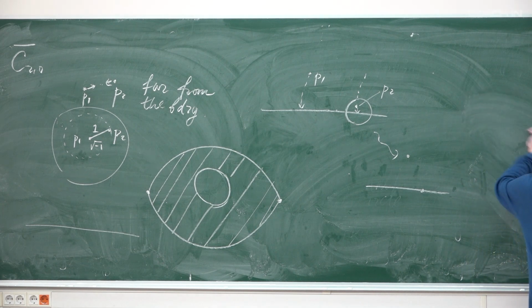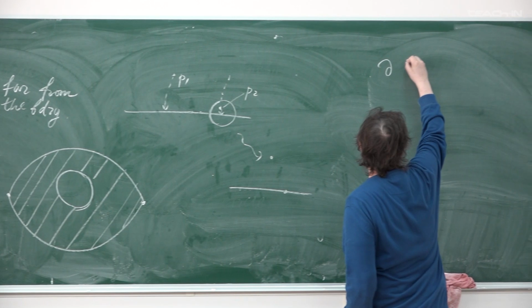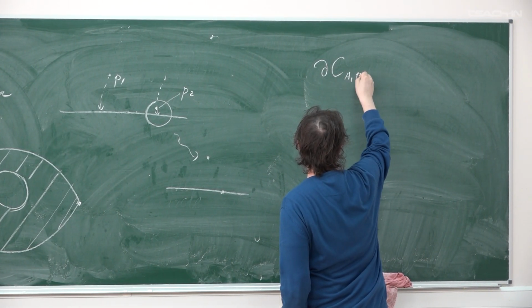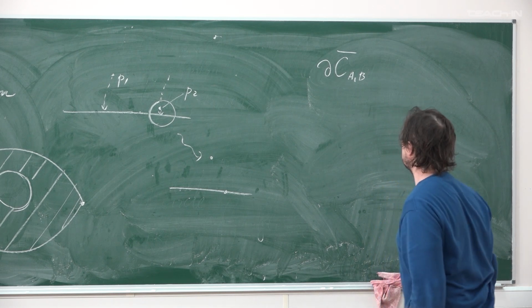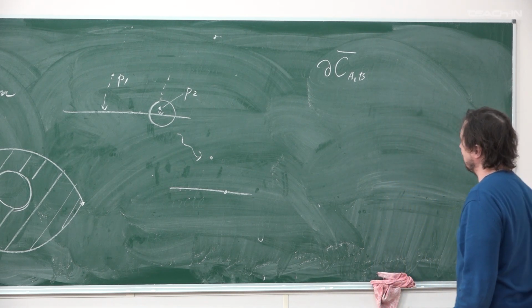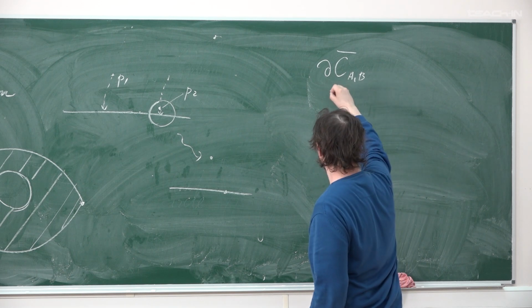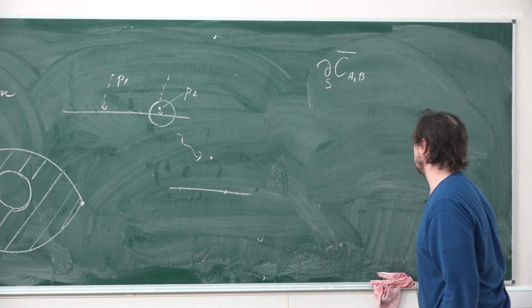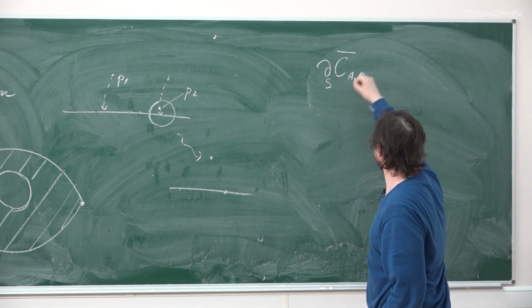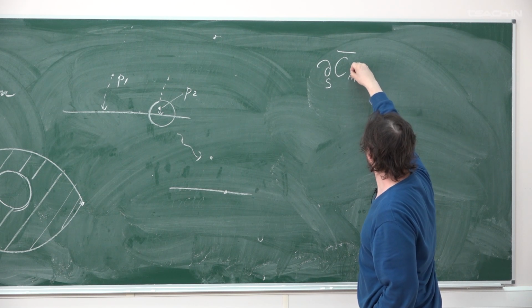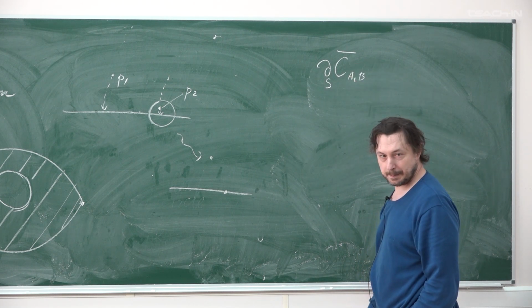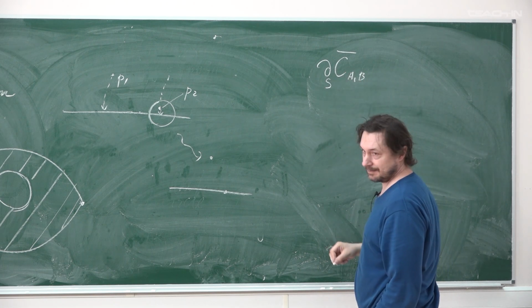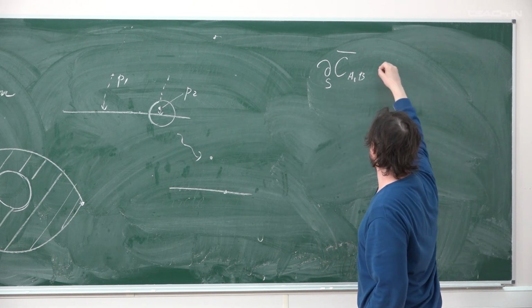In general, you can show that the boundary of C_AB bar will consist of terms like the following. You choose a set S of points here in A and let them merge together.